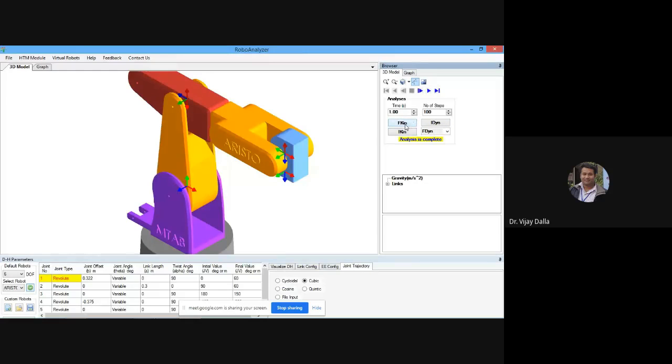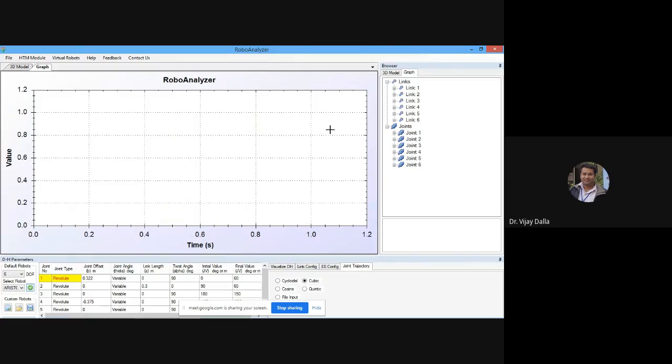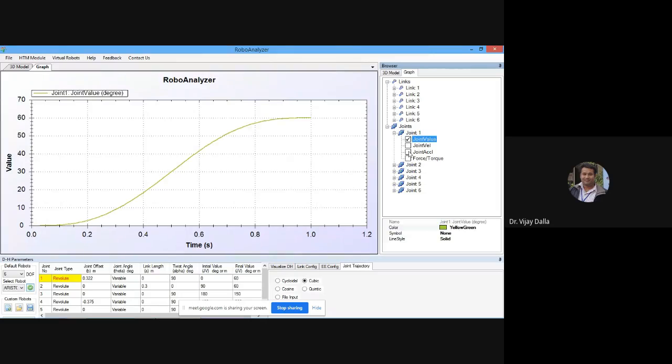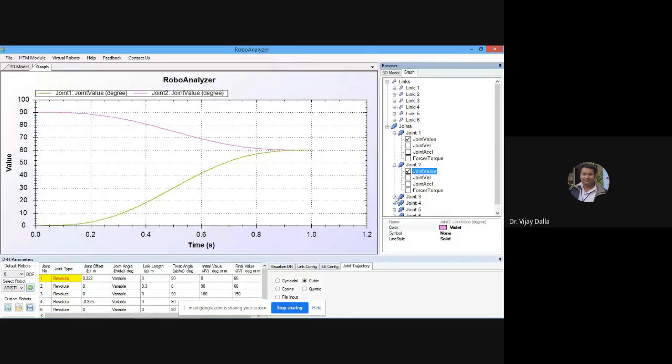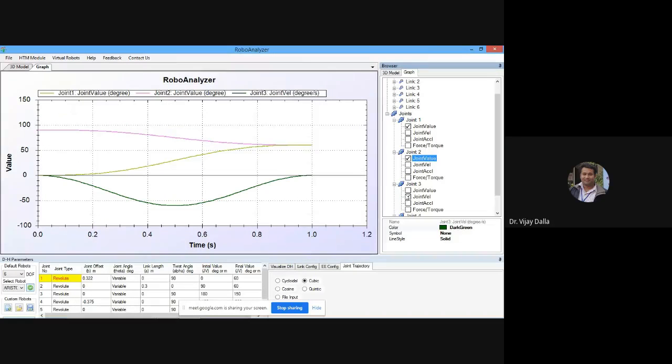For the graphical mode, we need to analyze again. Suppose we want to know about the joint motions, like joint 1, and then joint 2, and the same for all the joints. In this way also we can visualize.